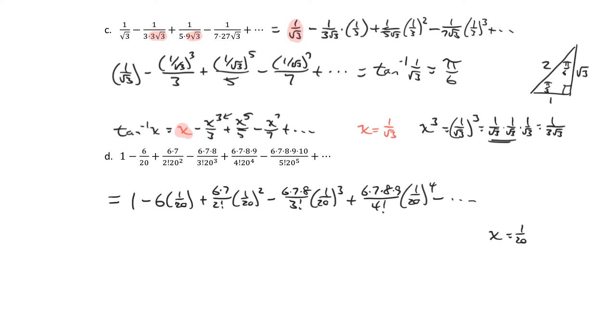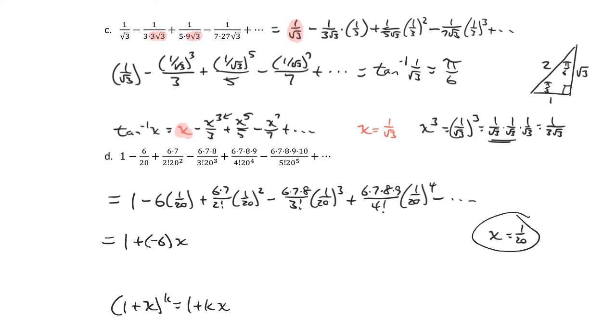Now, I've got 1 minus 6 times 1/20th. I'm going to write something down here and then proceed. This is 1 plus negative 6 times x, using x equals 1 over 20. Now, why did I do that? Because the binomial series starts off 1 plus x to the k equals 1 plus kx.